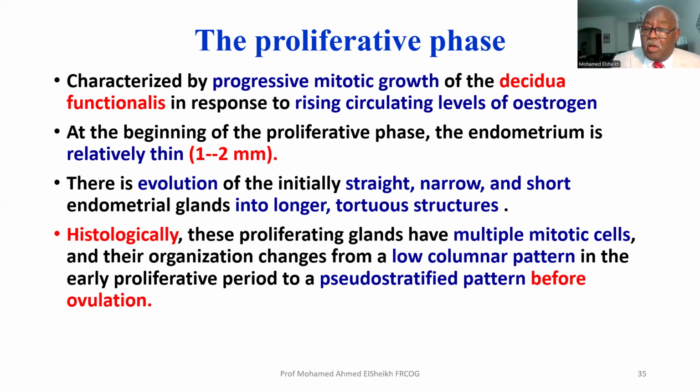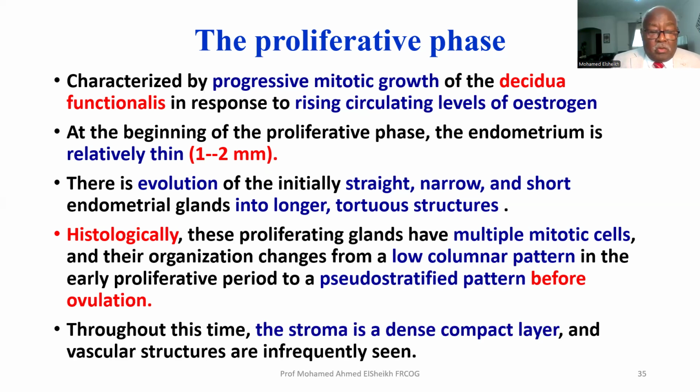So these glands change. Throughout this time, the stroma is a dense, compact layer, and vascular structures are infrequently seen. So in the proliferative phase, the vascular structures are there, but not very frequently seen histologically.